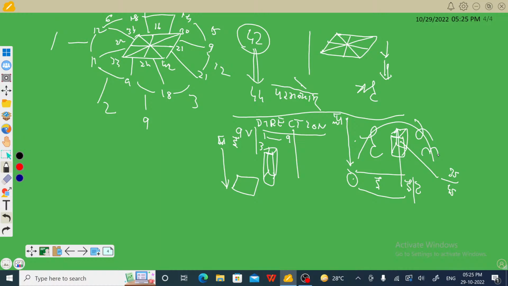Therefore, sadhakas, when we are initiating ourselves for Vedic mathematics, then we have to be Devanagari alphabet rooted.